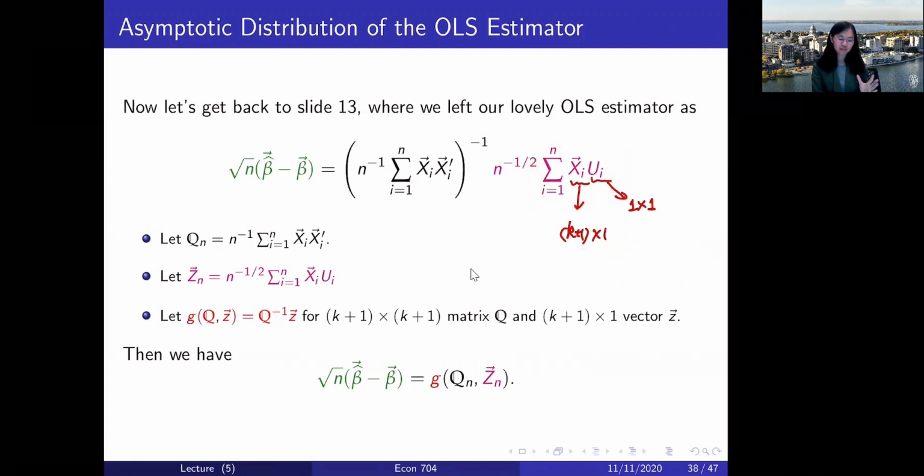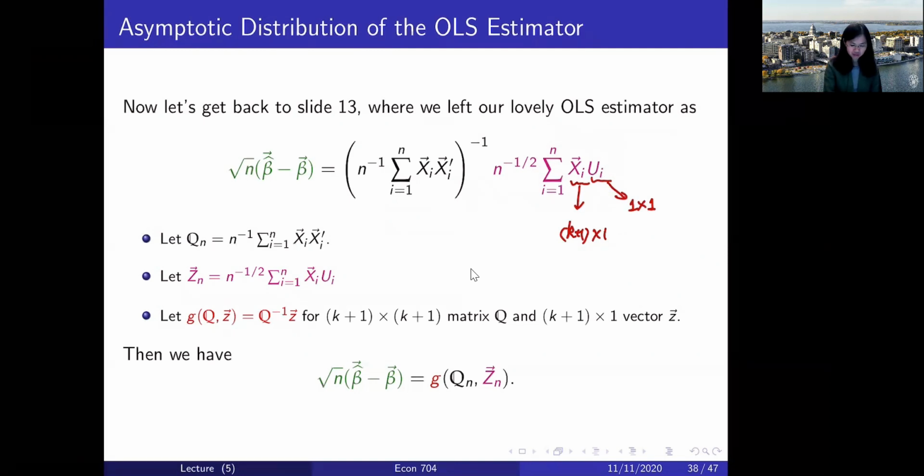The sum is composed of elements that are sums of corresponding elements of these random vectors for each i.